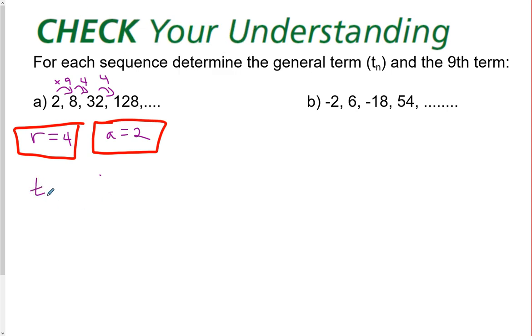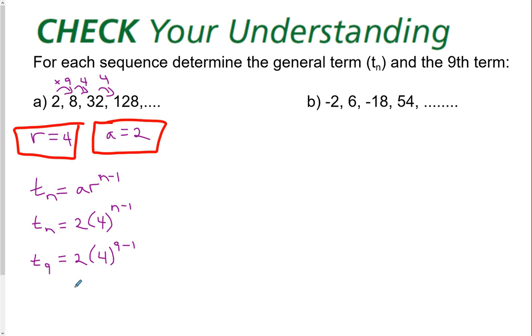So we say, okay, our general term is our starting number times our common ratio to the power n minus 1. So that's going to be 2 times 4 to the n minus 1. And if I want to get my 9th term, I've got to put a 9 in there.